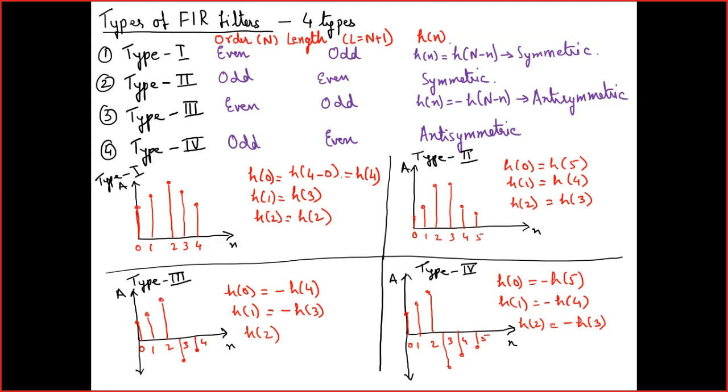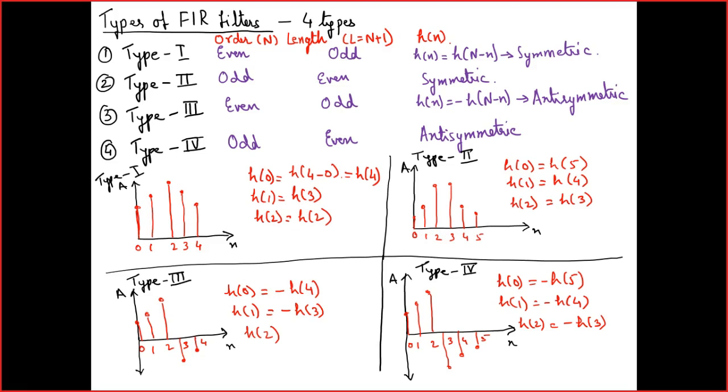In our theory course, we will mainly restrict ourselves to type 1 and type 2 filters, because most of the filters we use are either type 1 or type 2. Talking about type 3 and type 4 filters, there are two types of filters, the Hilbert transformer and the wideband differentiator, which are designed as either type 3 or type 4.